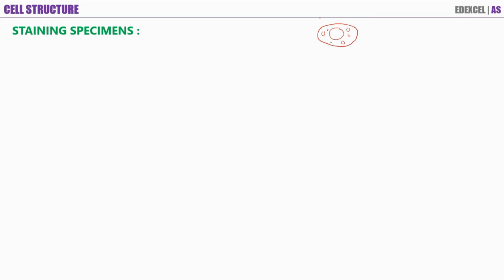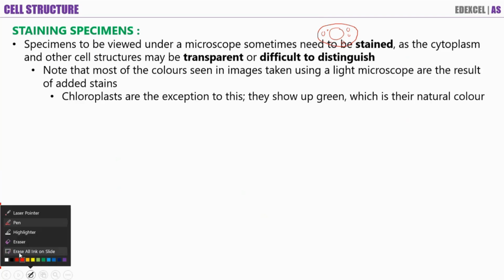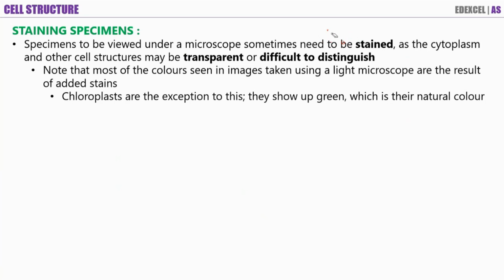The stains we use are specific chemicals that are taken up by specific cell organelles, and then only can we visualize any image under the light microscope. I have already told you that for electron microscopes we don't need staining. Although stains are used, it is not to color them but to improve the resolution of the image.